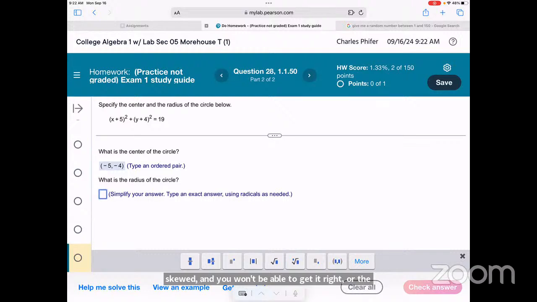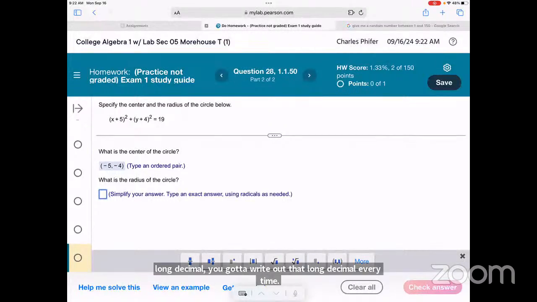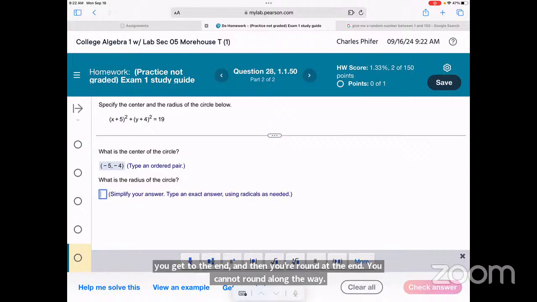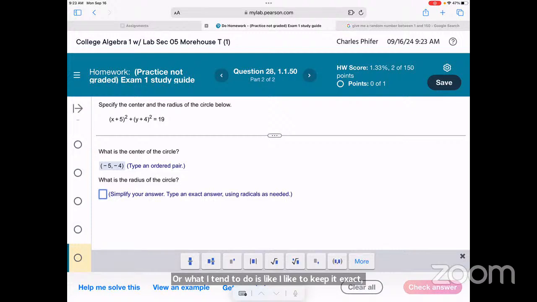So when you're working these problems, if you ever crunch a number along the way and you get a long decimal, you got to write out the long decimal every time until you get to the end, and then you round at the end. You cannot round along the way. Or what I tend to do is I like to keep it exact and then crunch it at the end. Do the calculation at the very end.